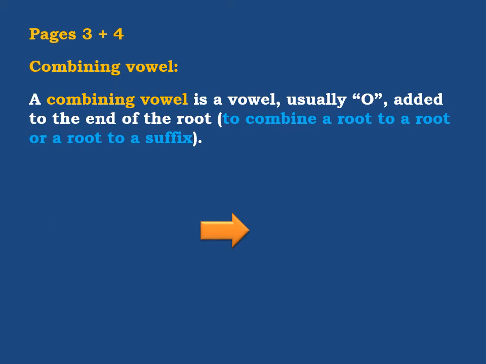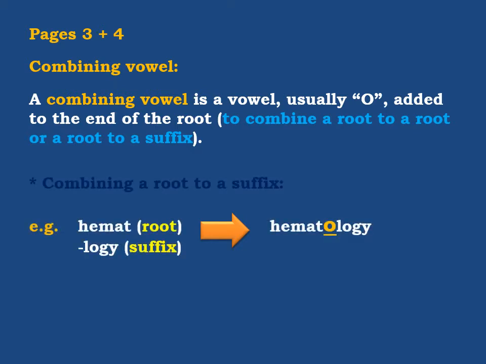Let's take an example. If you look at this one, hemat and logi. Hemat is a root and logi is a suffix. If you look at hemat, it ends in T, which is a consonant. And logi starts with an L, which is again a consonant.